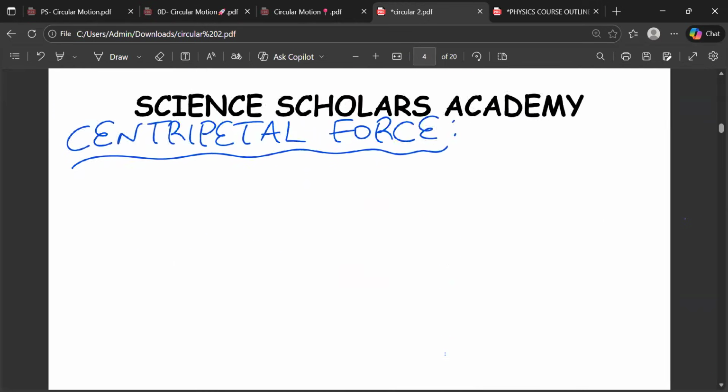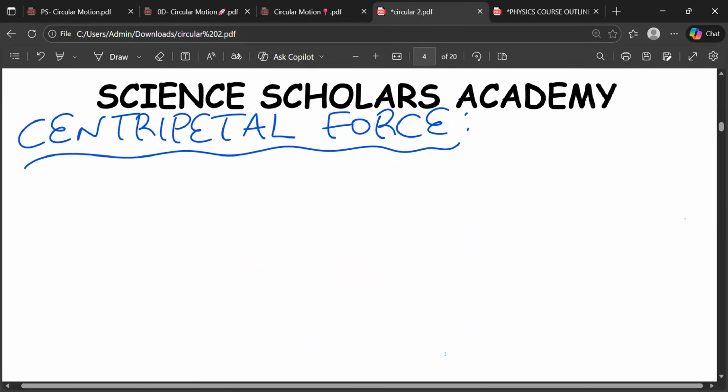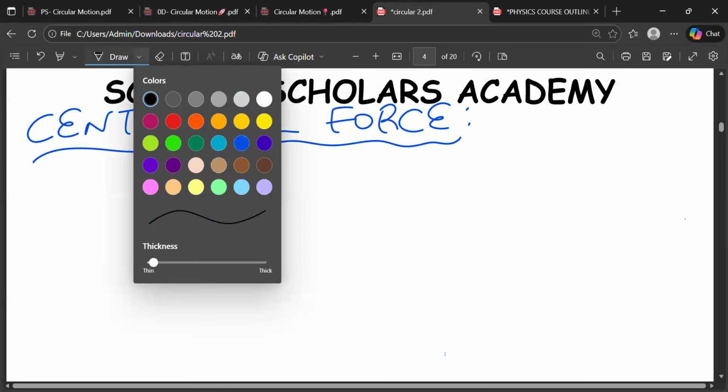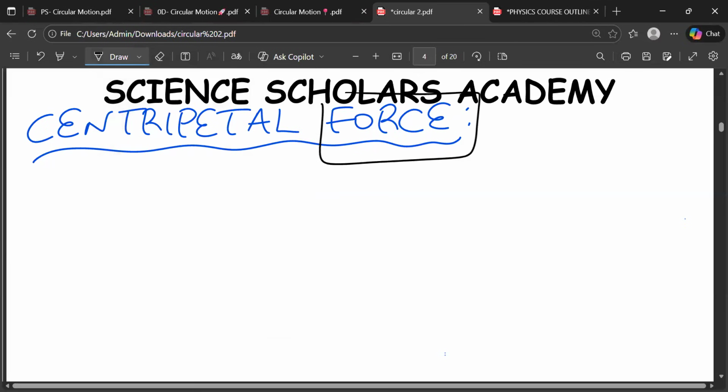So you people, just like the way we talked about centripetal acceleration as that acceleration that is acting towards the center, the same as centripetal force. You should know force. Force was well defined by Newton in his second law. And he told us it is what? The product of the mass and the rate of change of what? Of velocity, which you people call acceleration. So our force is ma, that doesn't change.